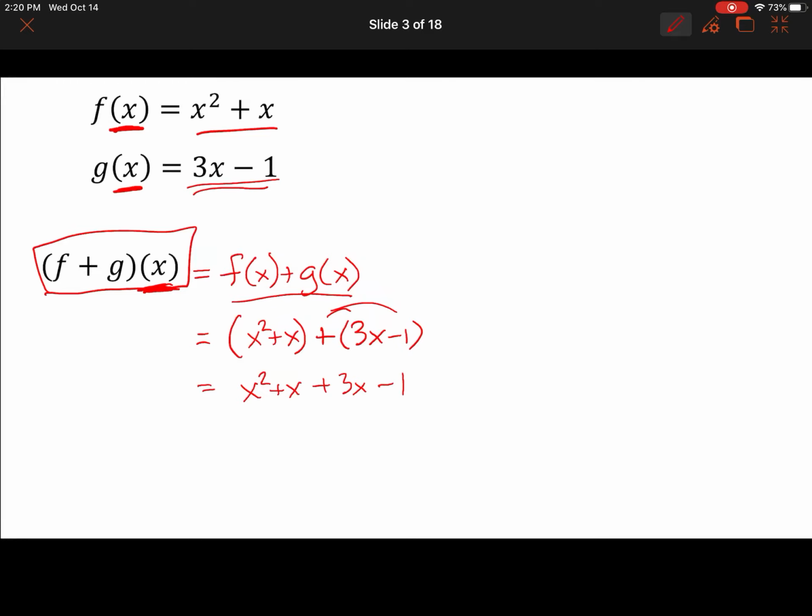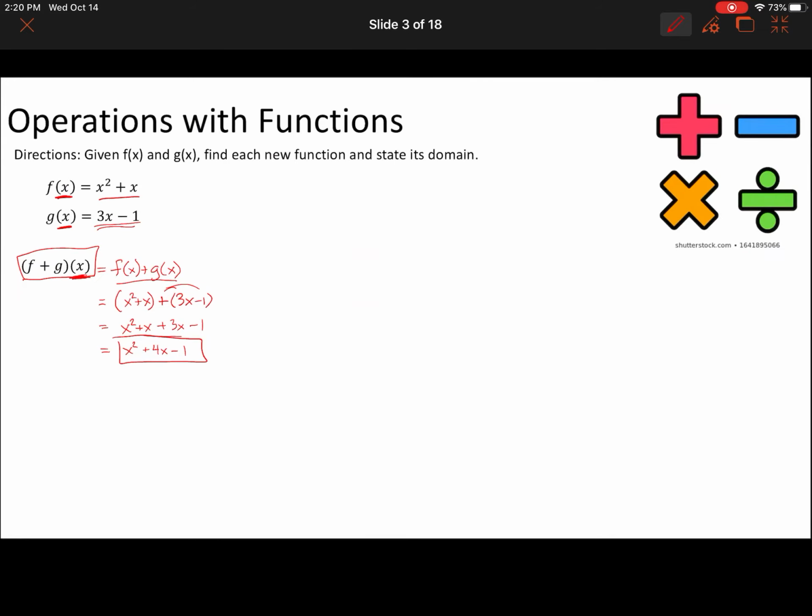So we can just get rid of our parentheses and then just simplify what we can. Combine like terms, it's just addition. Don't freak out because there's parentheses. So combine like terms, so x plus 3x gives me 4x minus 1, and there is my new function. That is my answer. Totally simplified. I just added my new functions to create a new function, and that is what I got. And that's it.